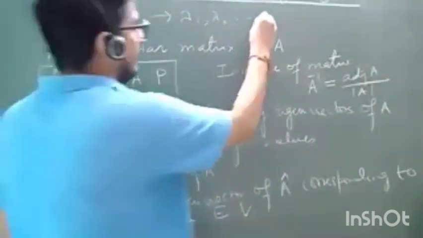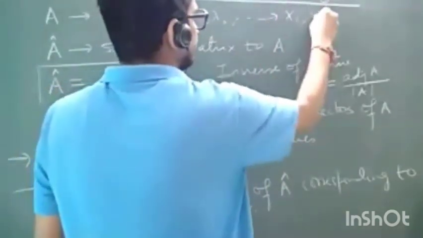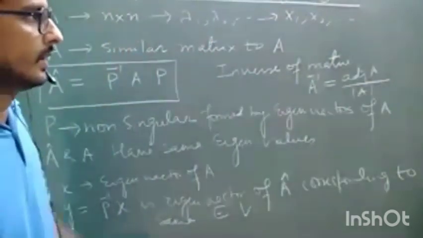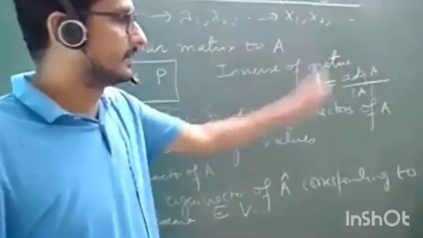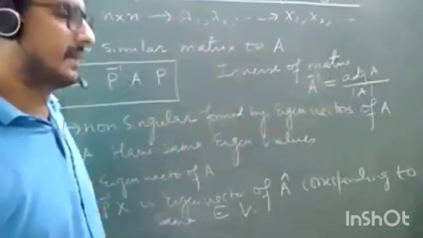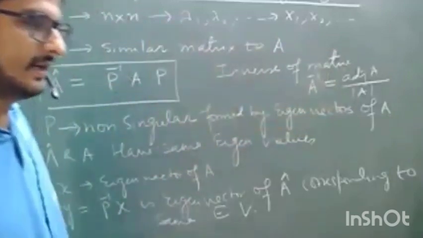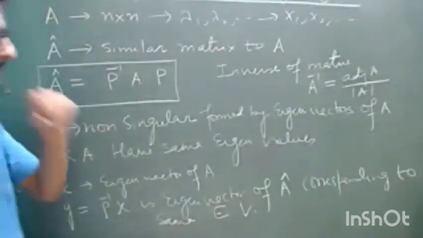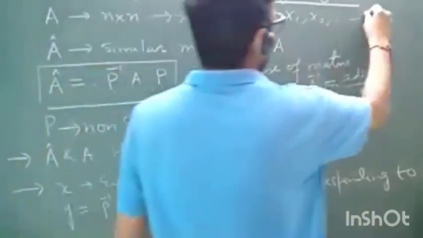Then you will write the eigenvectors, correct? This also you know. You will put them in the columns. That will be the P matrix. Is the P matrix clear to everybody? Yes, sir. So put them in columns, you will get the P matrix. This is the method.